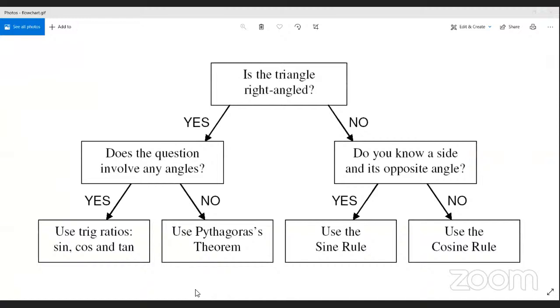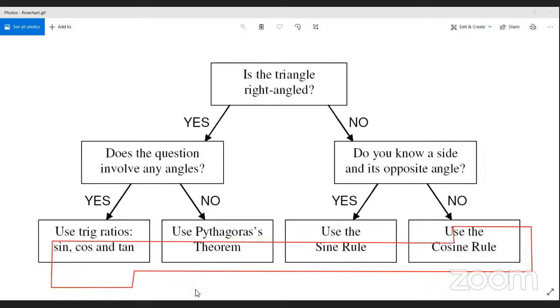Do we know a side and its opposite angle? If yes, we must use the sine rule. There's no use of cosine. So that gives us a bit of a hint as to when we use the sine or cosine rule. We're going to look at that a little bit more in depth.